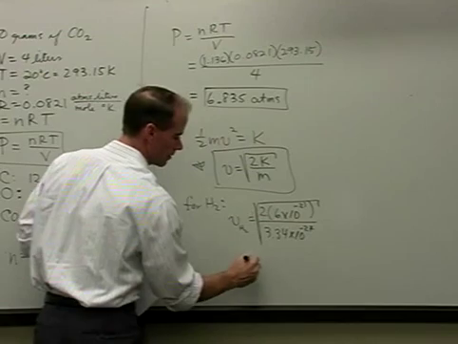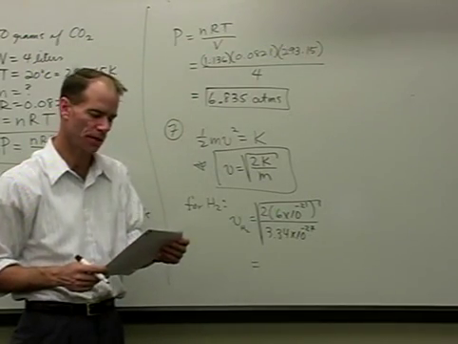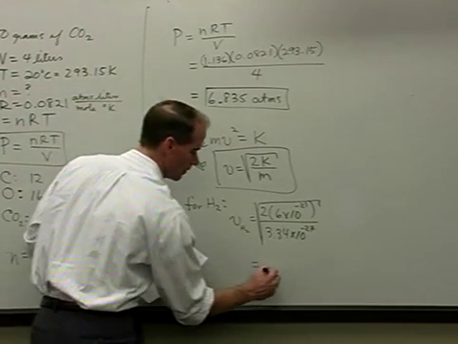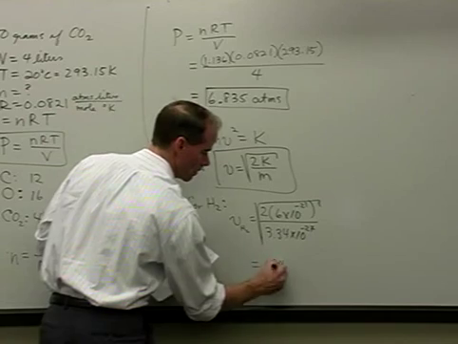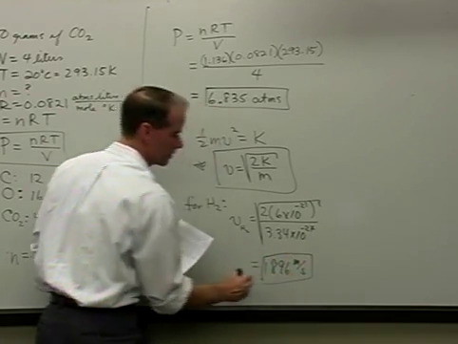Everything's in the SI system. So that gives us an average speed of 1,896 meters per second for hydrogen.